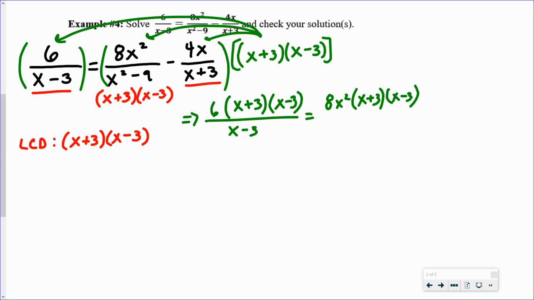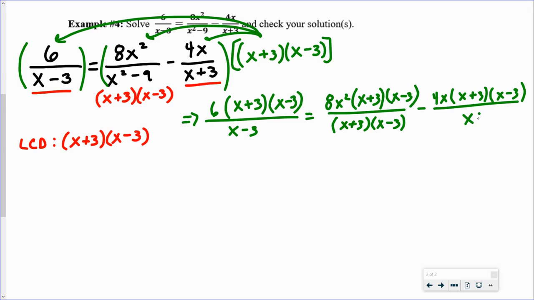And I'm going to write x squared minus 9 in its factored form, x plus 3 times x minus 3. And then finally we have minus 4x times x plus 3 times x minus 3, and it's going to be all over x plus 3.